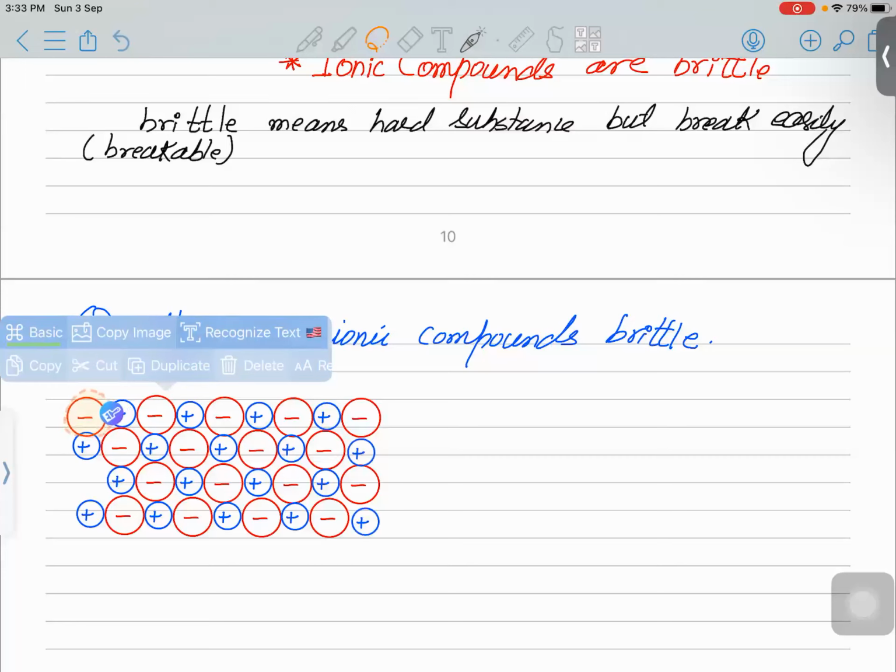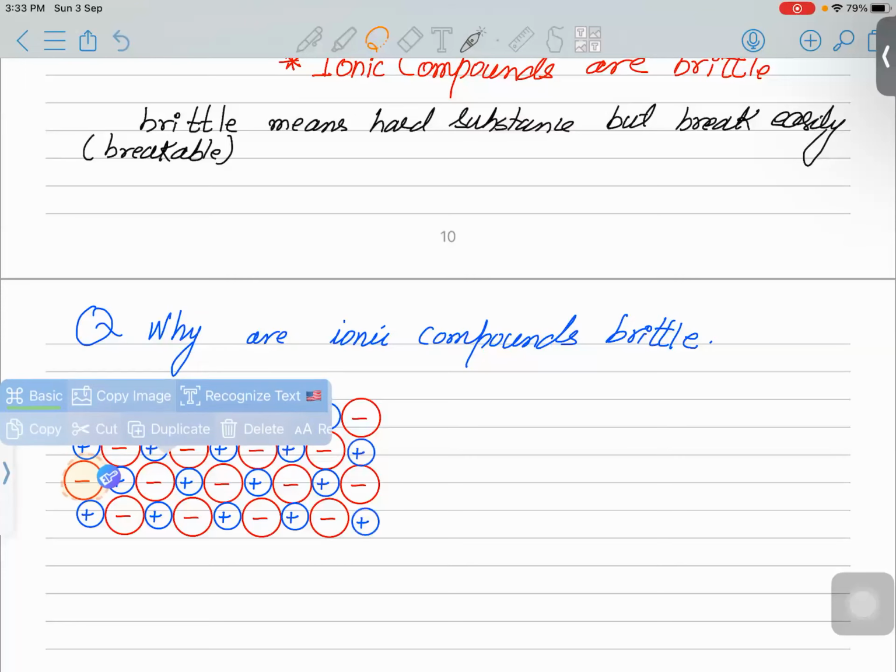Positive means sodium, negative means chlorine.